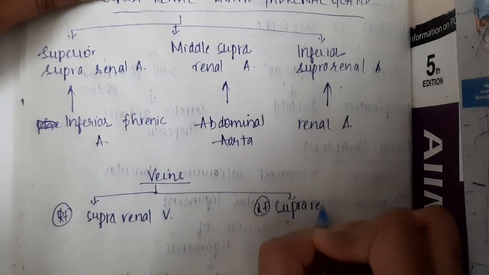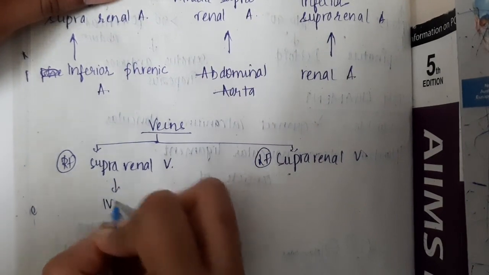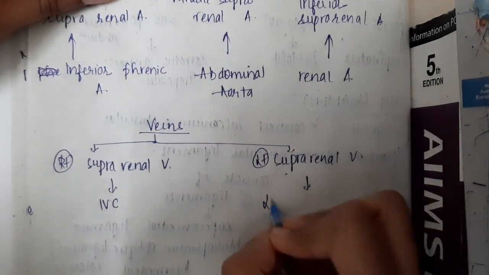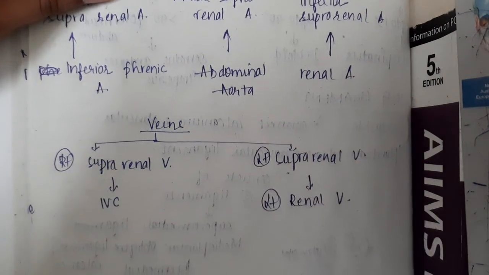The right suprarenal vein drains into the inferior vena cava, whereas the left suprarenal vein drains into the left renal vein.